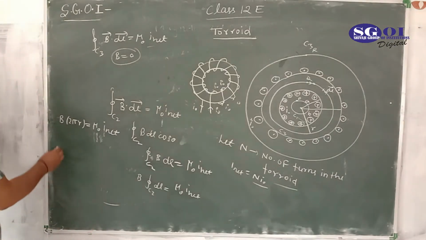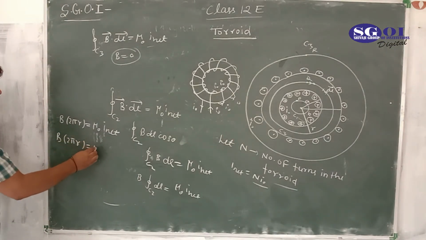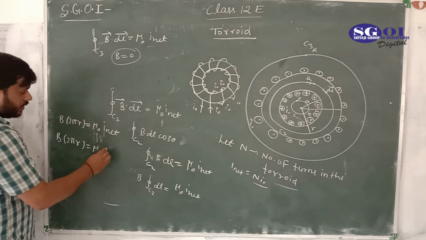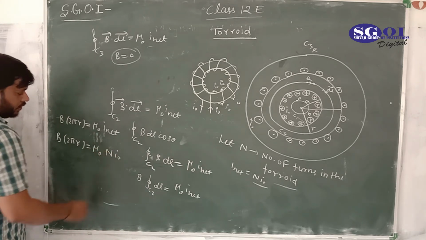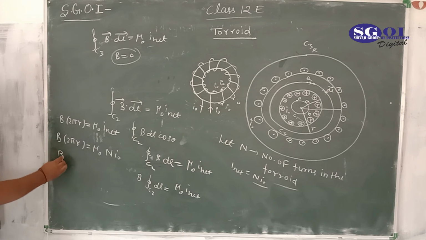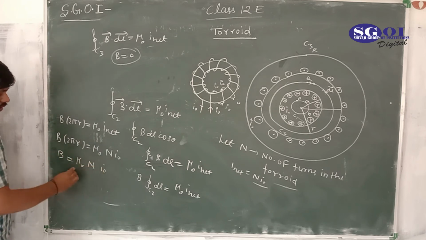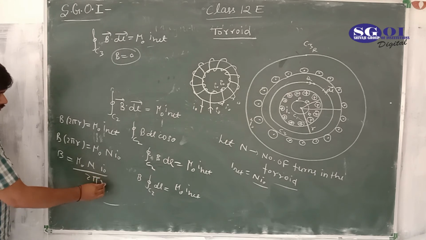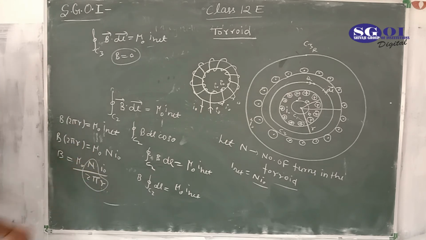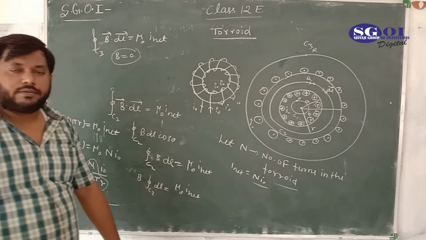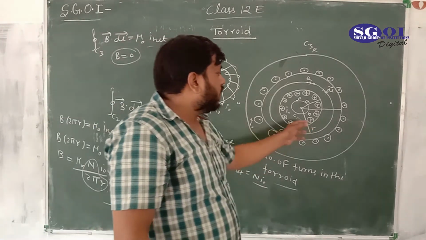So put this value here: B 2 pi r equals mu naught, and it is N I naught. Divide this, B equal to mu naught N I naught upon 2 pi r. What is this? N upon 2 pi r. N is the total number of turns.